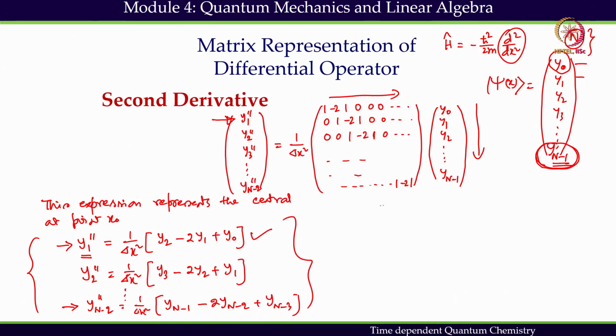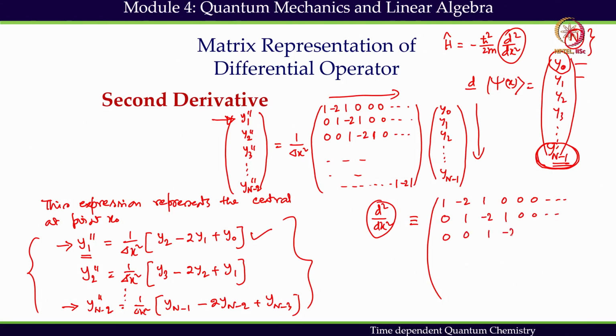Basically this d2 dx2 operator can be expressed in matrix form under grid representation as this: 1 minus 2 1 0 0 0, then 0 1 minus 2 1 0 0, then 0 0 1 minus 2 1 0, like this, and we will continue this, and finally we have 1 minus 2 1.